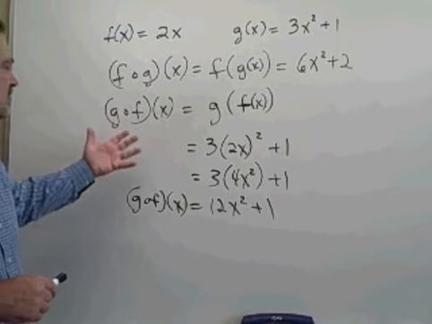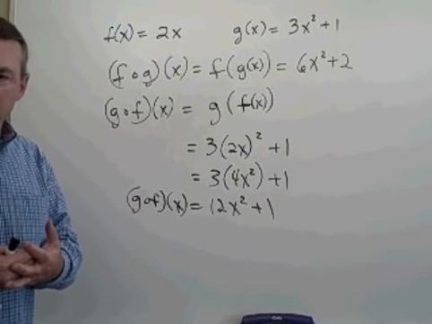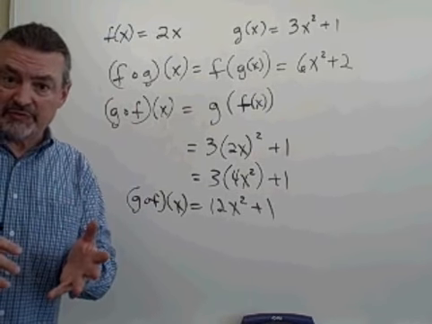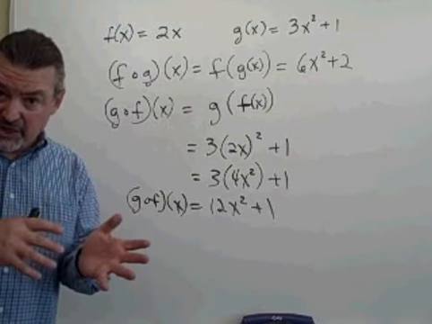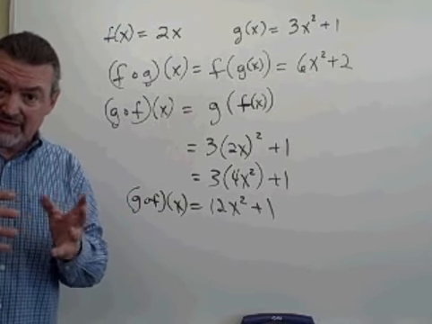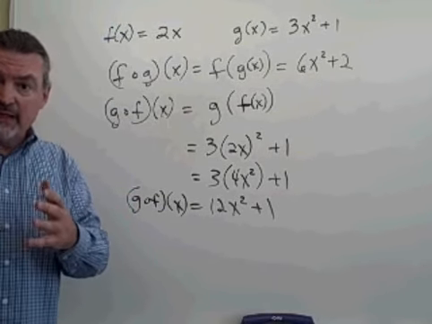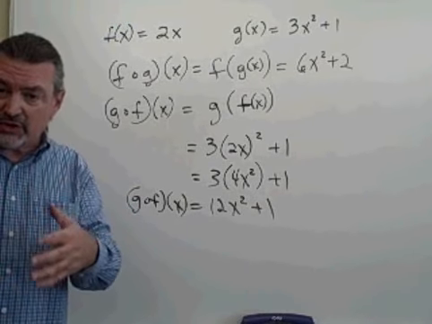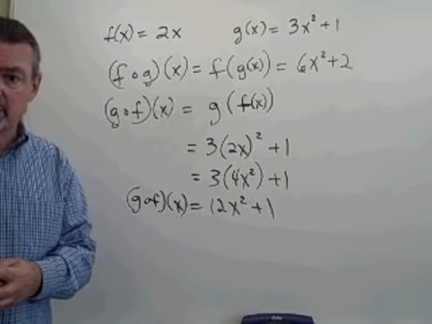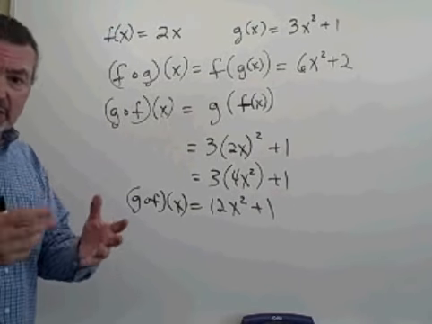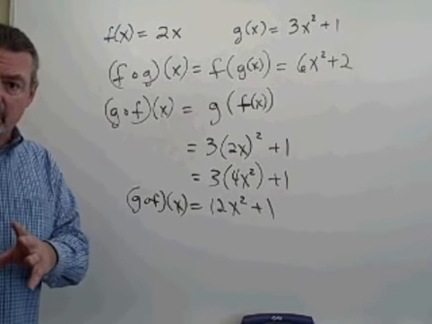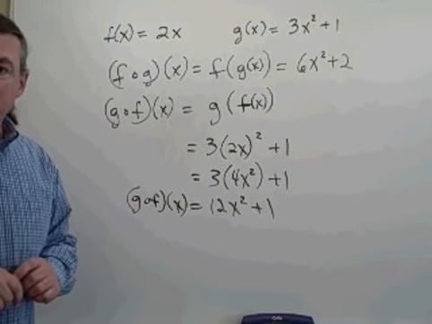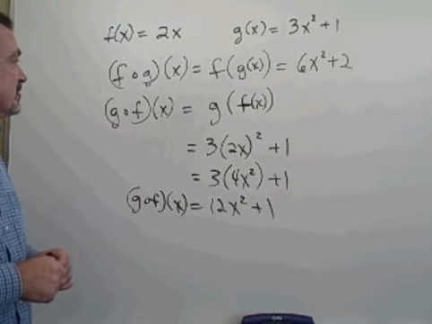So this is another new operation we can perform on functions. We looked at performing other operations with functions, creating the sum function, which is where we add together the expressions, creating the product function, where we multiply the expressions to create a new function expression. So we've looked at the sum function, the difference function, the product function, the quotient function, and now this is the composition of these two functions.